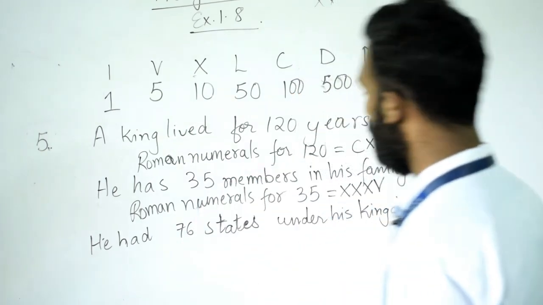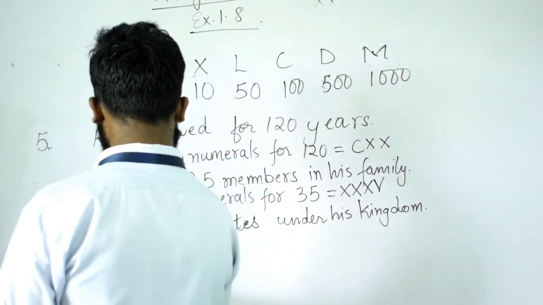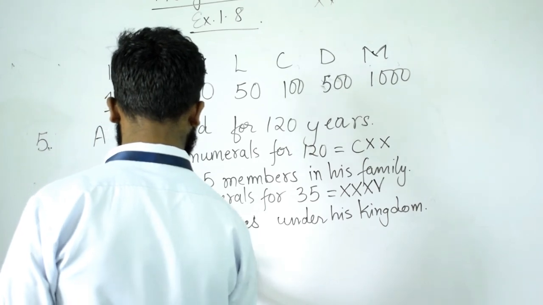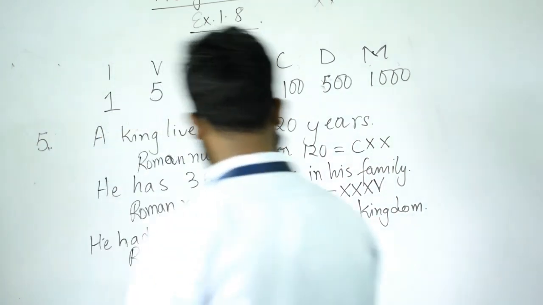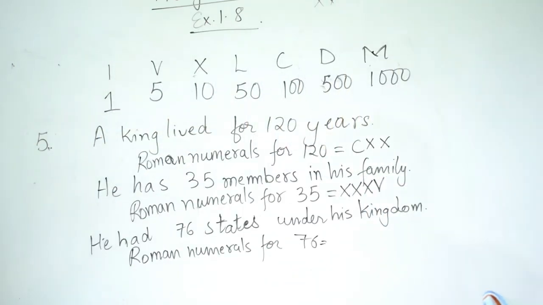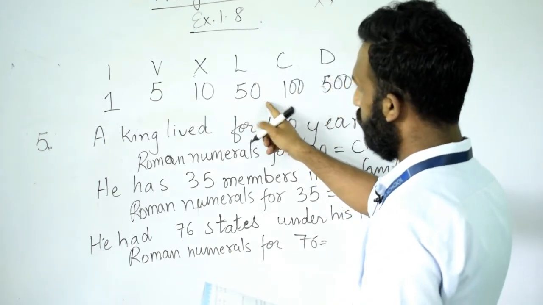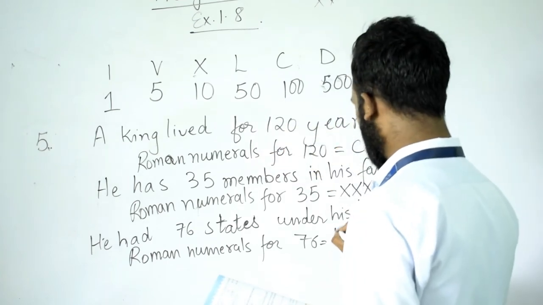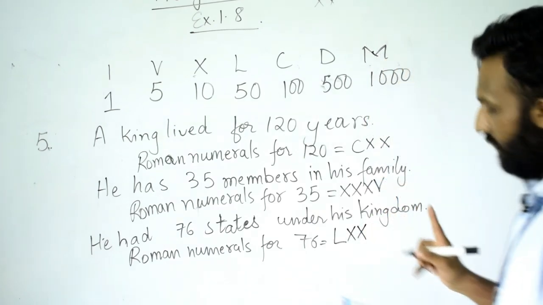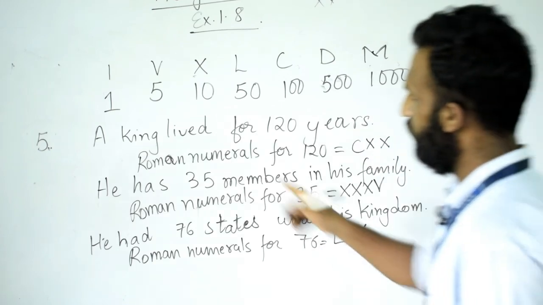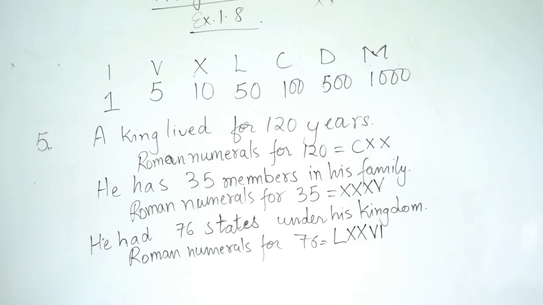So the Roman numeral for 76. How will we write it? 50 is here, so for 50 we'll write L, plus X, 60, again X, 70. And for 6, 5 plus 1, so we can write VI. So this is how you will do question number 5.